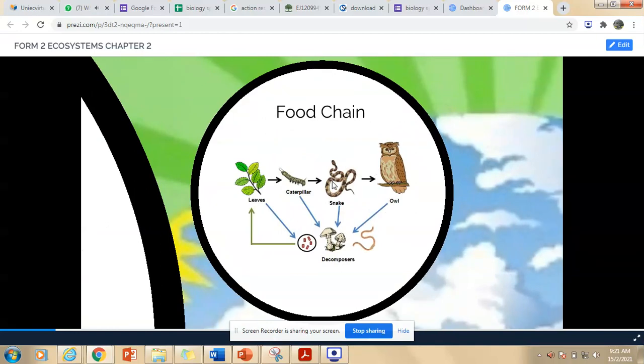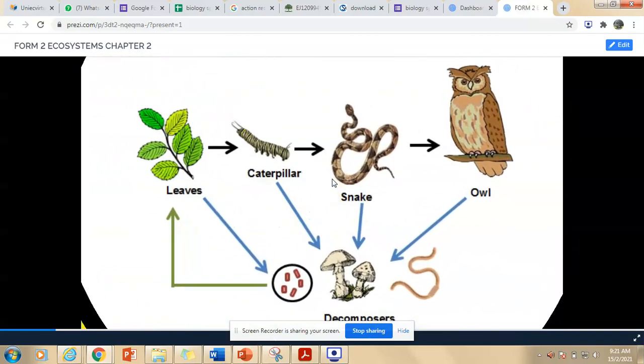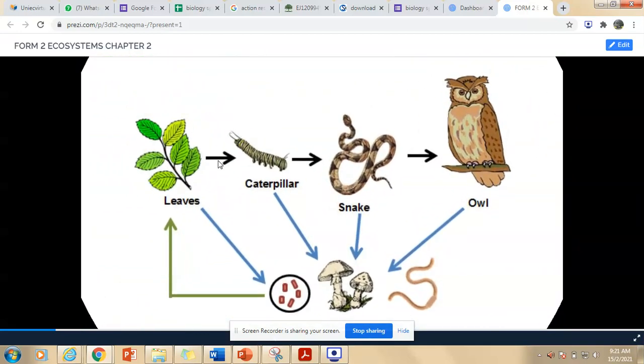Okay, this is the main example of food chain. Okay, leaf is eaten by, okay. So the arrow here, the black arrow here means the energy flow. Okay, arrow menunjukkan arah pergerakan tenaga tersebut. Okay, maksudnya tenaga yang ada dalam leaf, okay, akan dipindahkan kepada caterpillar.